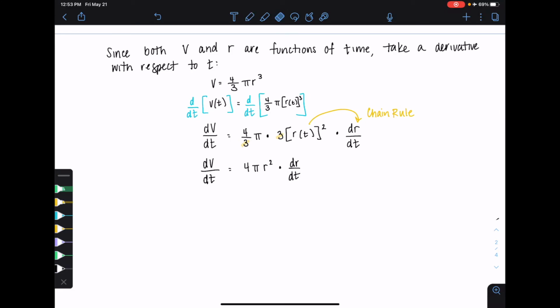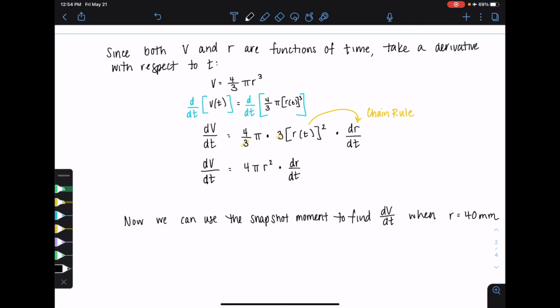So now, at this moment, we can use that snapshot moment to find dV/dt when r is equal to 40. So the rate of change of the volume with respect to time at this precise moment is 4 pi. My radius at this moment is 40 squared. And my rate of change of r is going to be 4 millimeters per second.